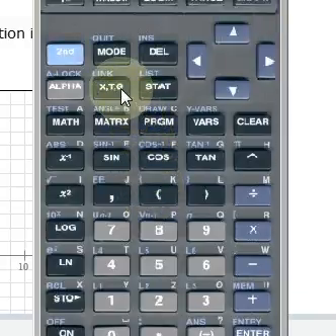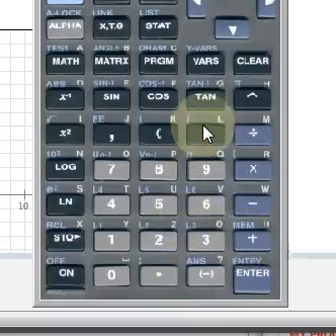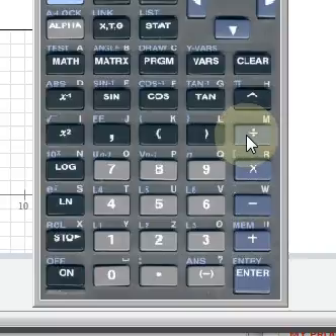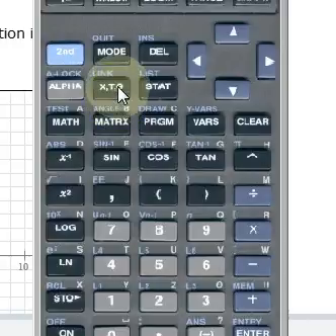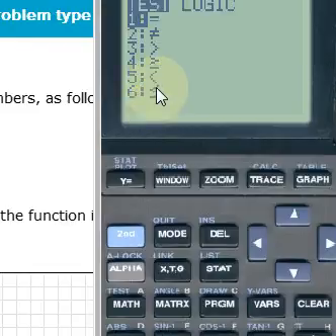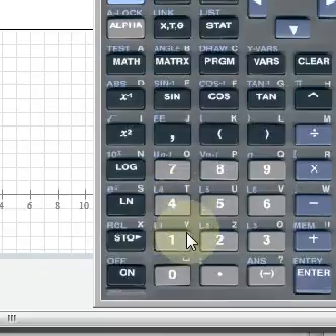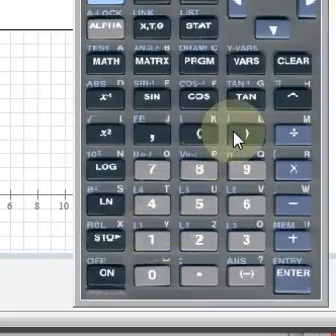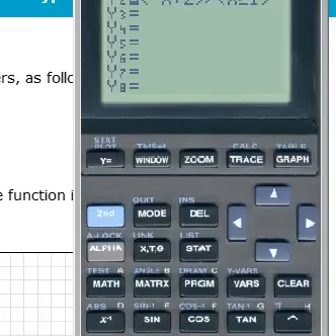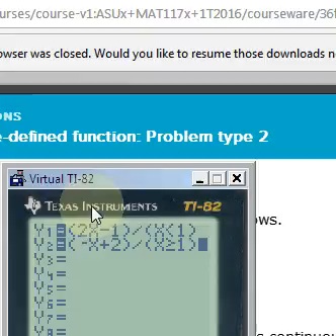Parentheses, negative x plus 2, in parentheses, divide by x, second math, 4. Now put a 1 there. Now if you compare them, I'll move this over so that we can see the actual equations in this.